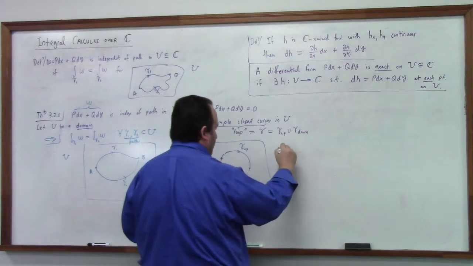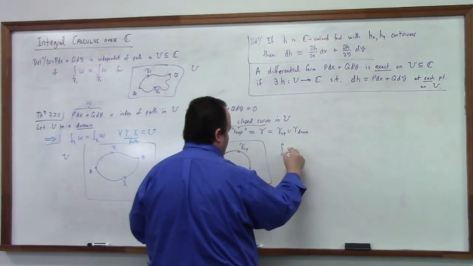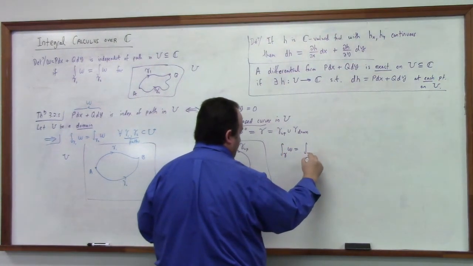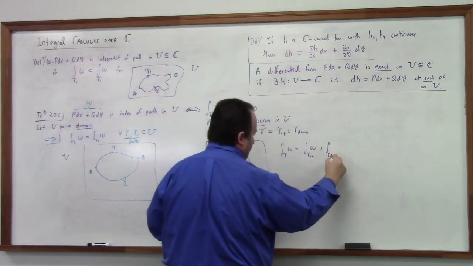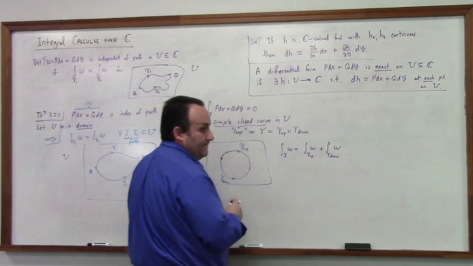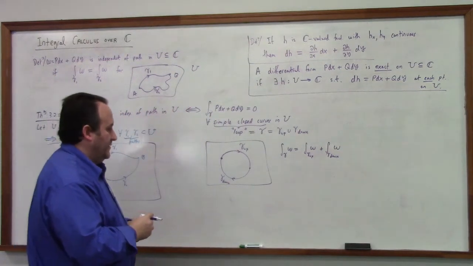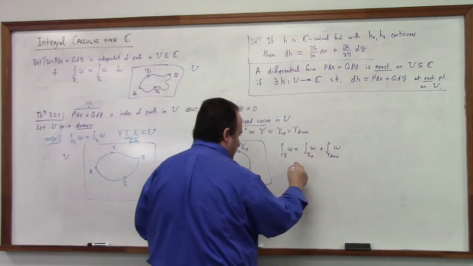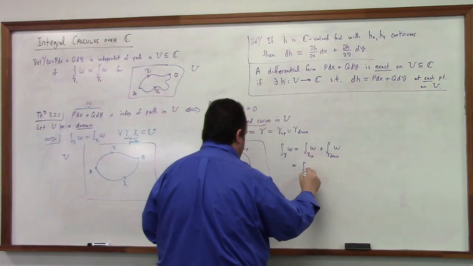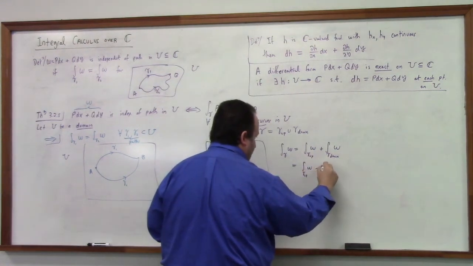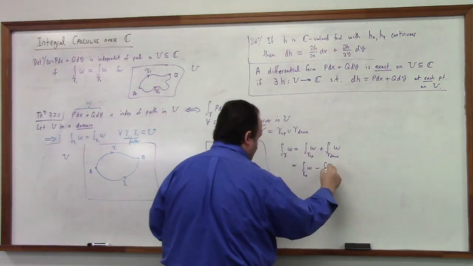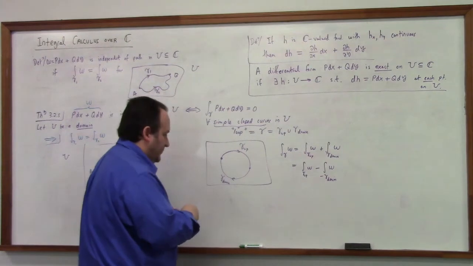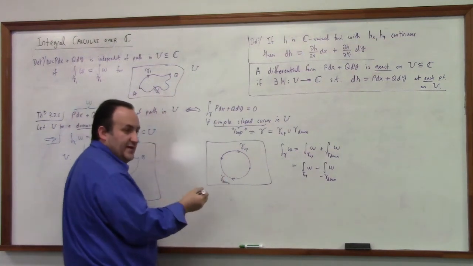Well, the integral over gamma of omega is the integral over gamma up of omega plus the integral over gamma down. But what can you tell me? This is equal to the integral over gamma up minus the integral over minus gamma down. So what's minus gamma down? Here I need to point out that all these integrals we're defining are oriented integrals.